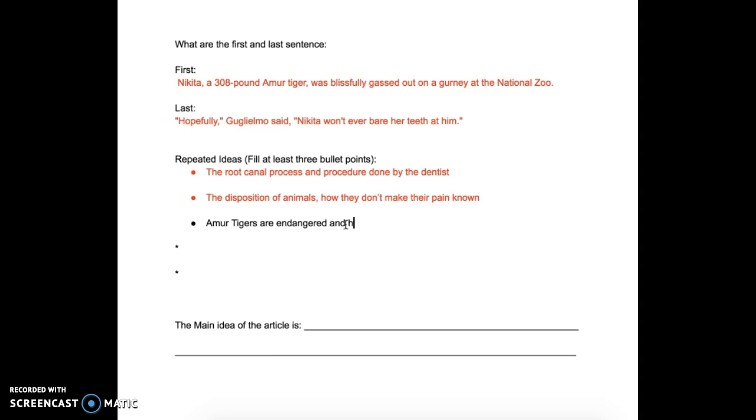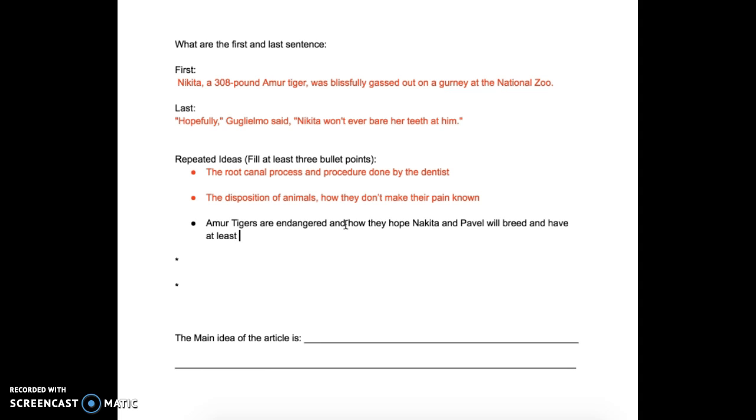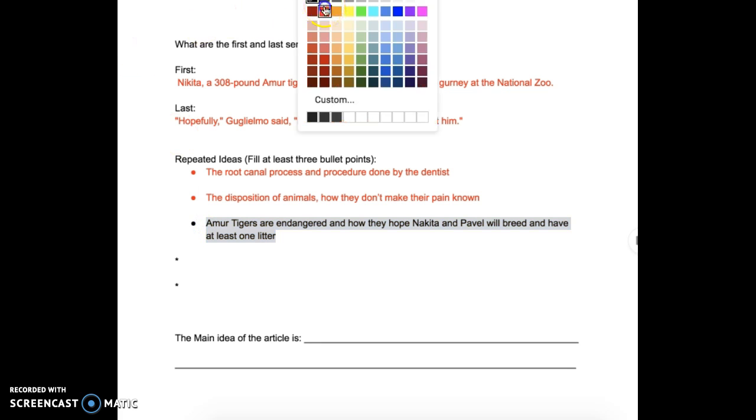And how they hope Nikita and Pavel will breed and have at least one litter.